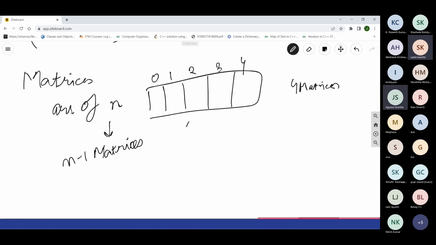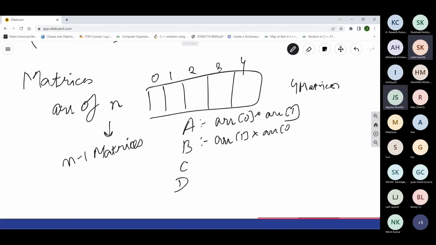And if you say A, B, C, D are the 4 matrices, then the dimension of A will be array of 0 into array of 1. For B, it will be array of 1 cross array of 2. C will be array of 2 cross array of 3.